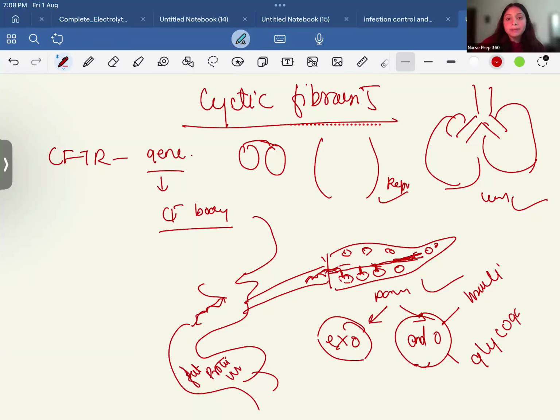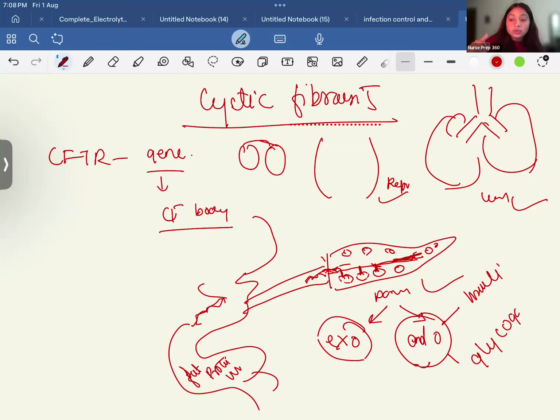So how will a patient of cystic fibrosis come to you? Very malnourished, because the body is not able to digest fat, carbohydrate, and protein. As well as, will the fat be removed out of your body without getting digested? Yes, there would be fatty stools.